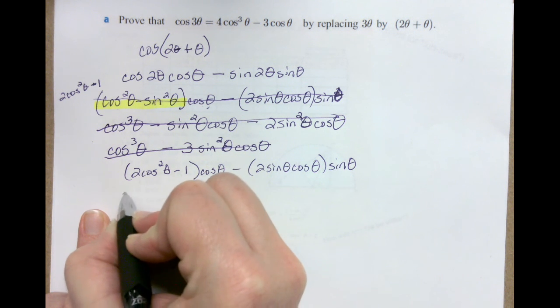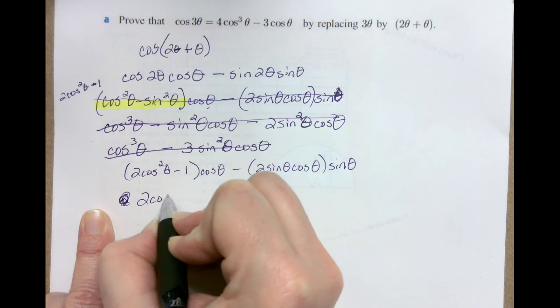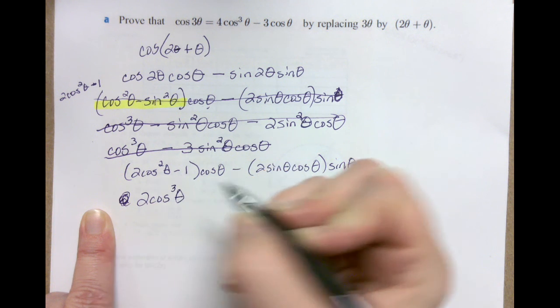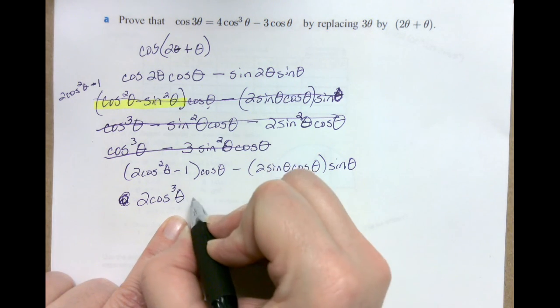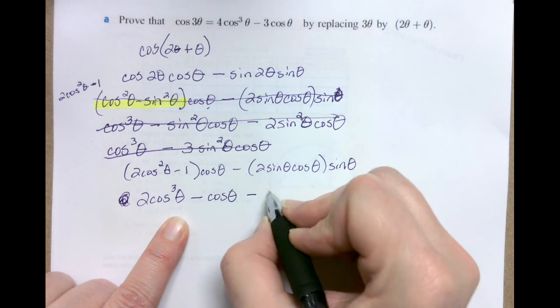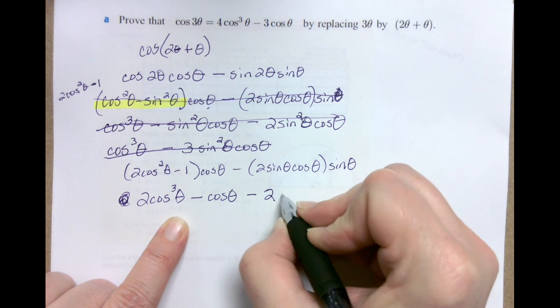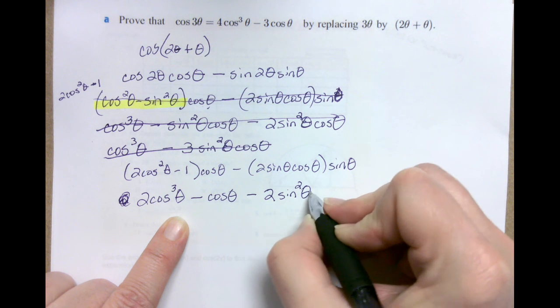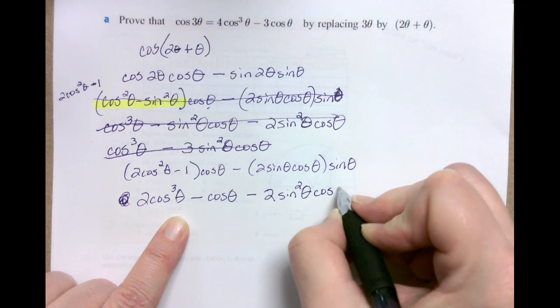So, this is going to be 2 cosine cubed theta minus cosine theta minus 2 sine squared theta cosine theta.